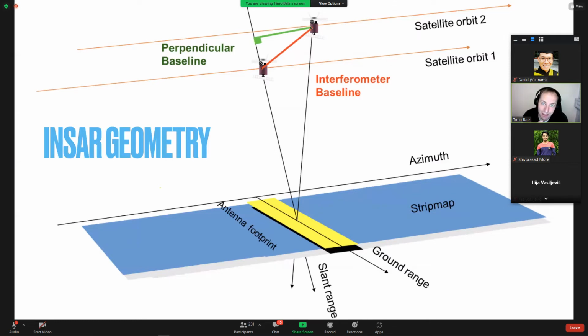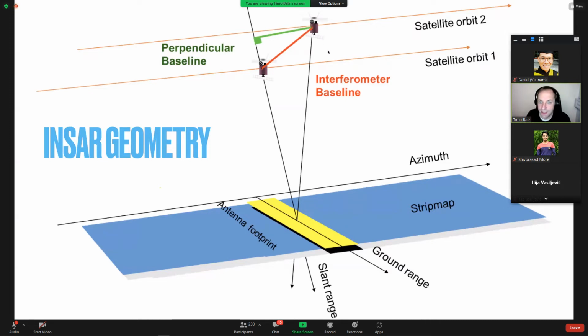At the end, we're using trigonometry, looking at differences in the distance between these two, and can then form a perpendicular triangle between them. So that's why we typically look at the perpendicular baseline. That is the distance between these two images in space, right?